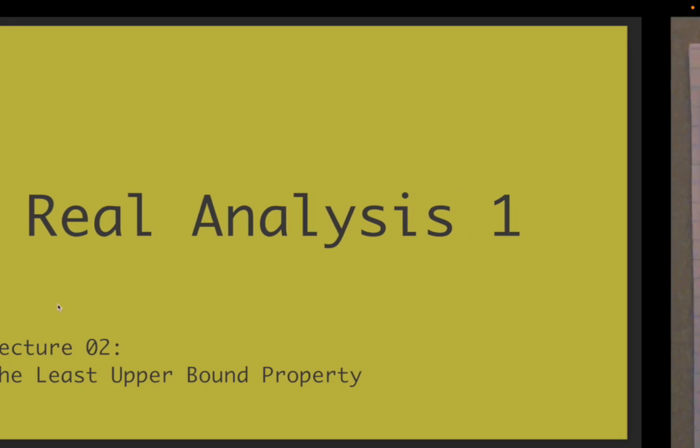We had just finished previously in part B going through a series of examples where we broke down what the least upper bound property meant in a couple of different contexts. We want to continue on with that. We're going to prove some theorems in a moment that will use the least upper bound property, and these are theorems that we would not have been able to prove without assuming it.